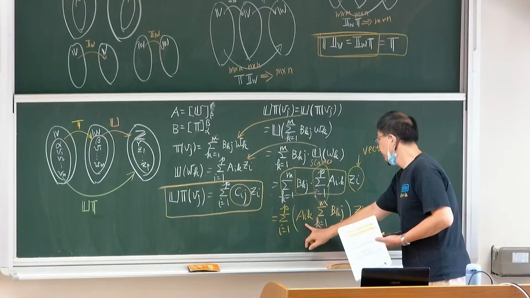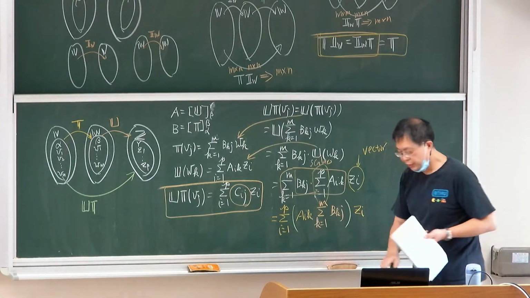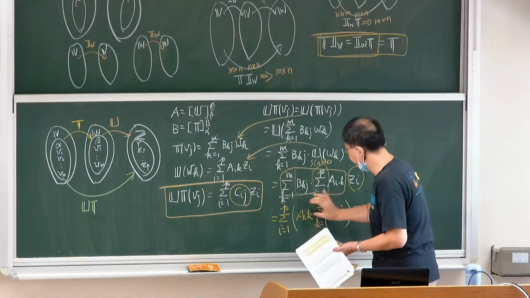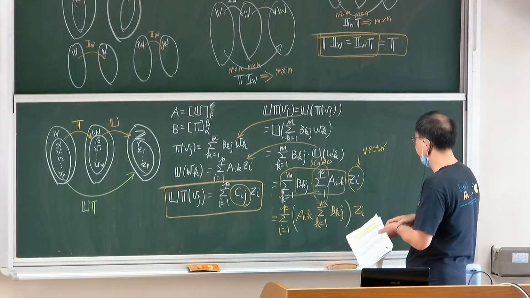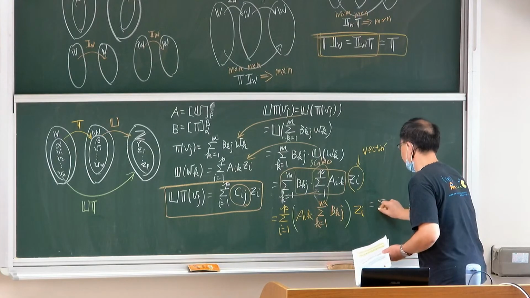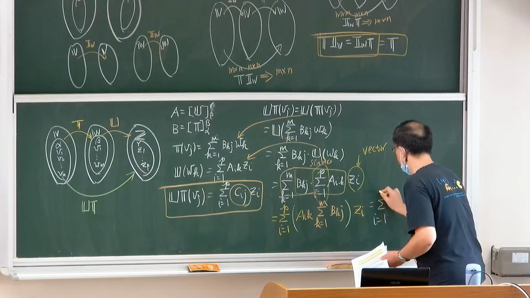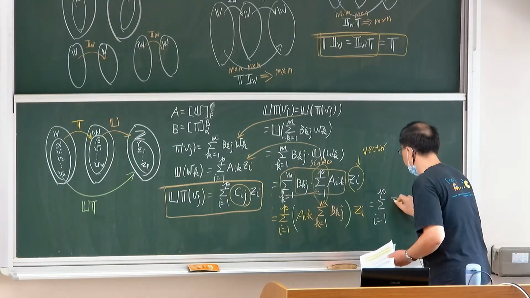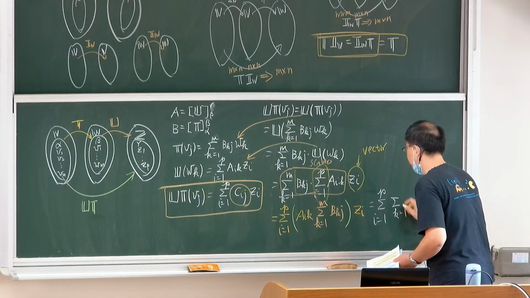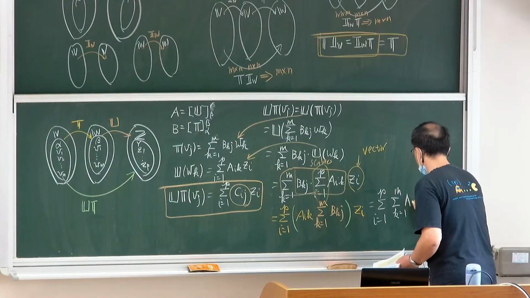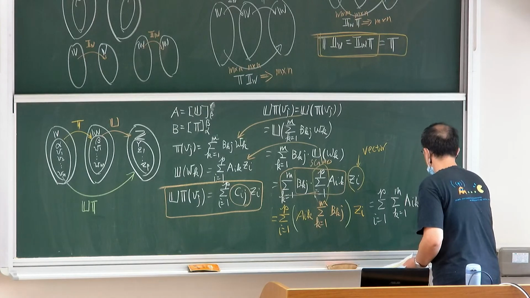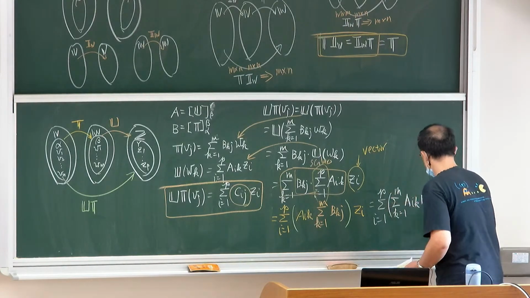Right now we move this one out, so I can write it as summation I equals 1 to P and summation K equals 1 to M, AIK times BKJ times ZI.